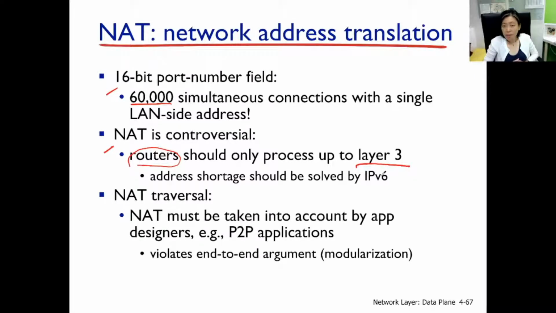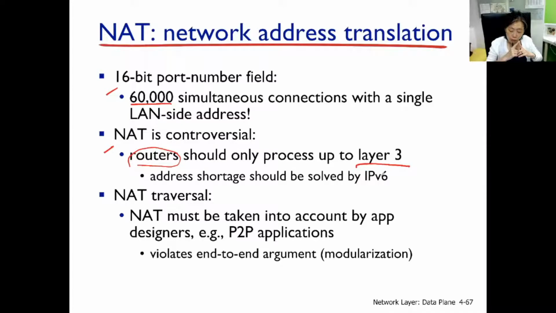NAT, if you think about the mechanism again, it's what? Replacing the IP address fields in the packet header. It's also replacing the port number fields in the packet header. IP address, yeah, that is a field in the layer 3 packet header. We learned about the IP packet format already.